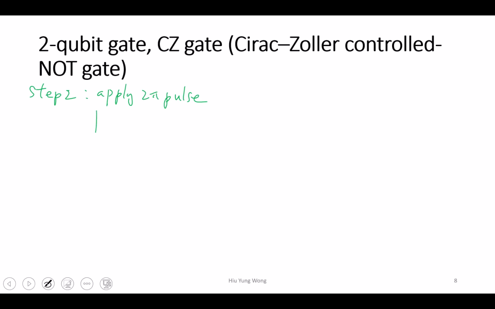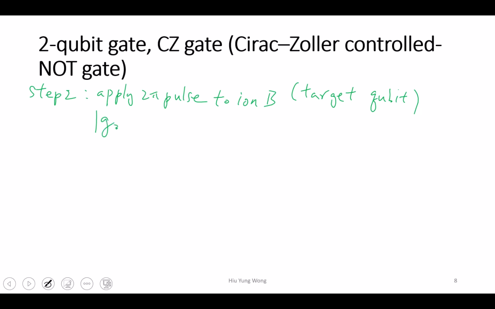I forgot to say, this is applied to ion B, the second qubit, the target qubit. The first pulse was to change the control qubit so that I get the phase shift of negative i if it is at the excited state. The second pulse is to apply a 2 pi pulse so that this time is not red shifted.